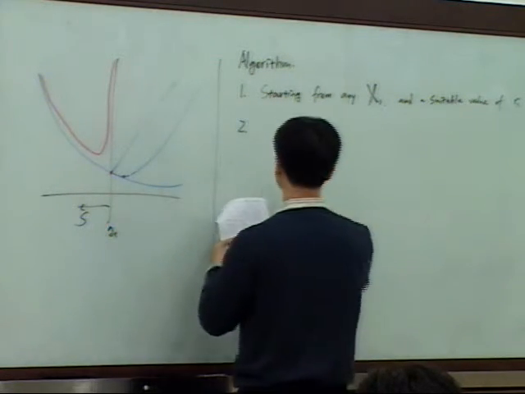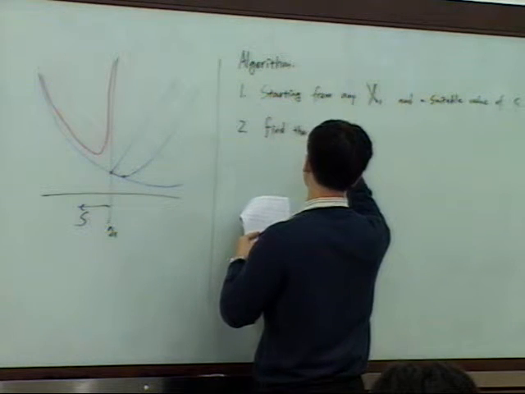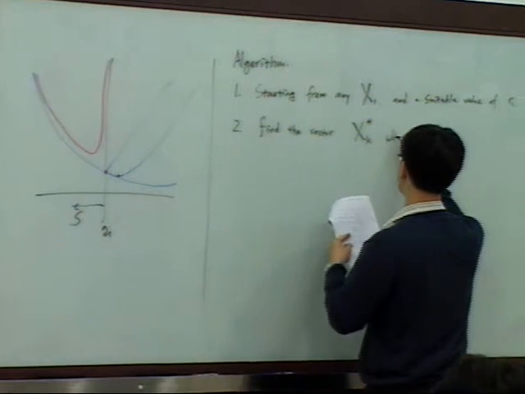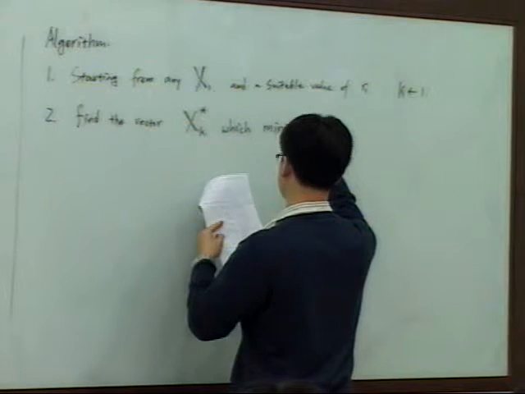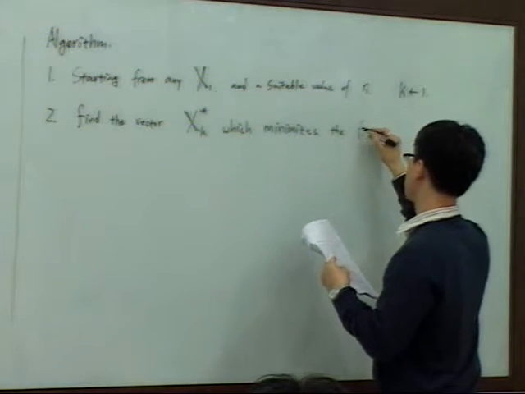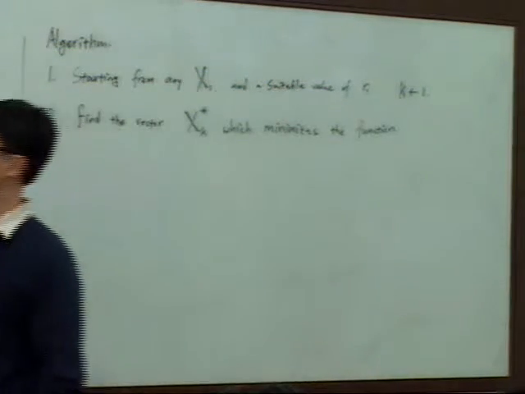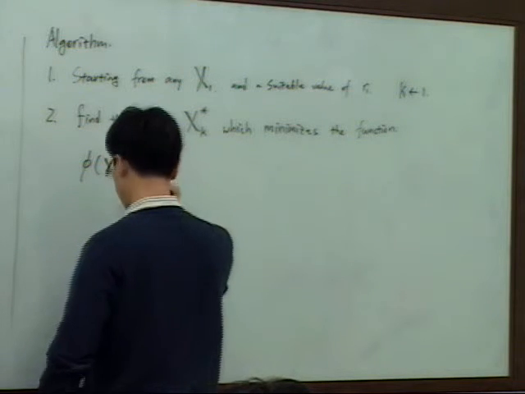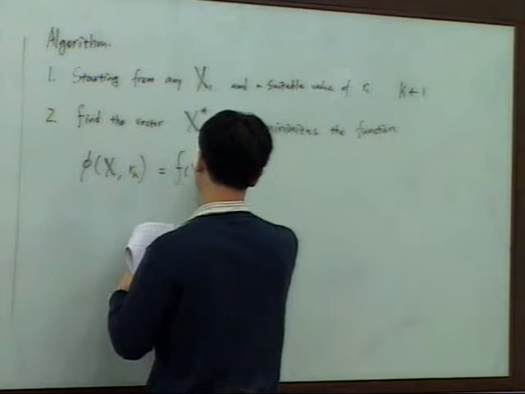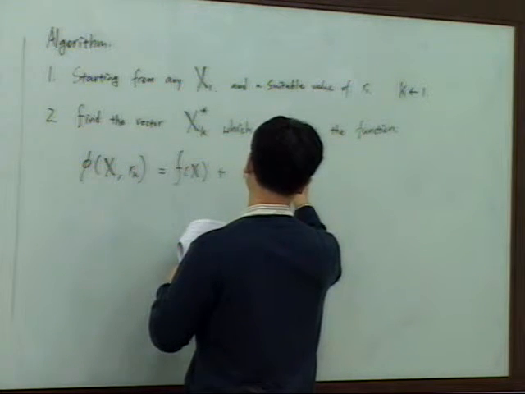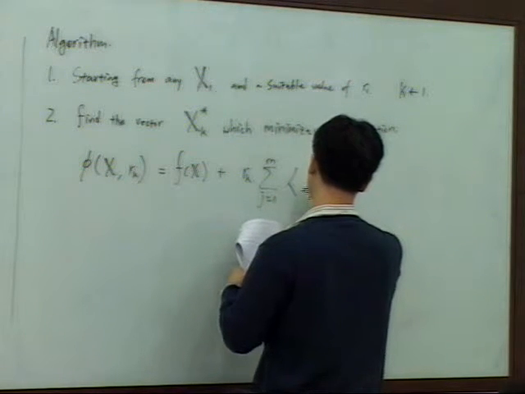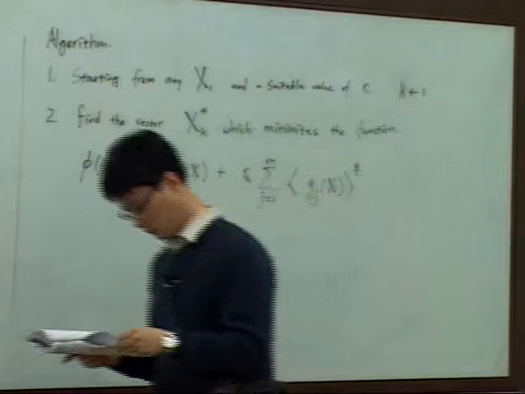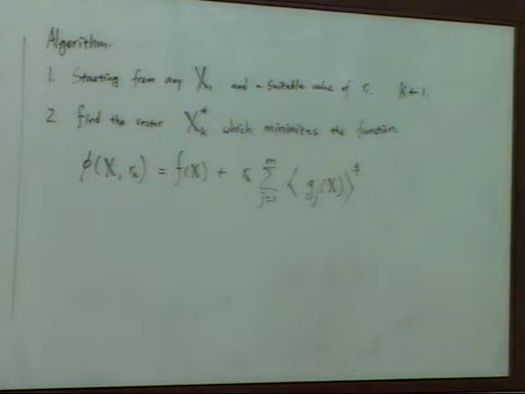Second step is find the vector x sub k star which minimizes the phi function here.